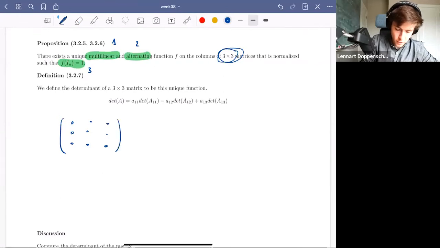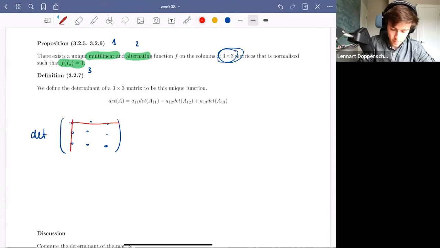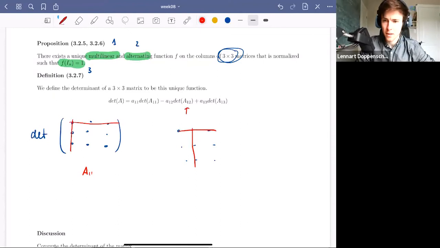Then in order to compute the determinant, you need to compute minors, namely this is the minor A11. If you do this again, then this minor would be A12, so you would strike out this. And so it says that the determinant is the sum of determinants of minors. So why does this help us?